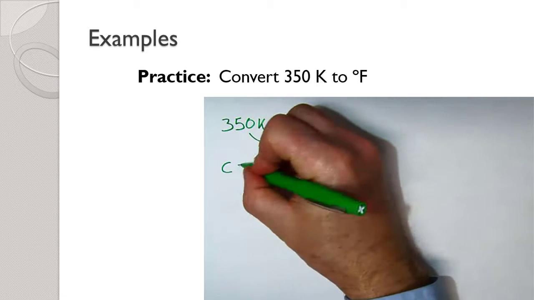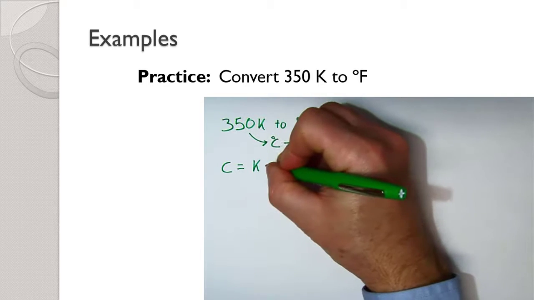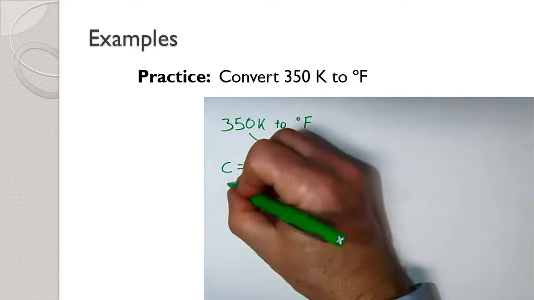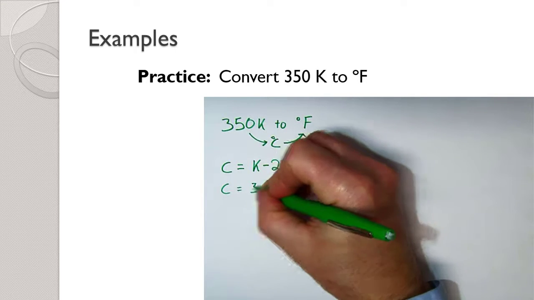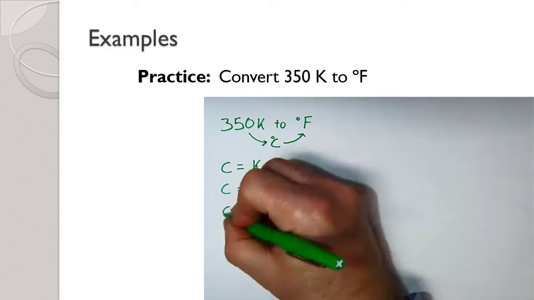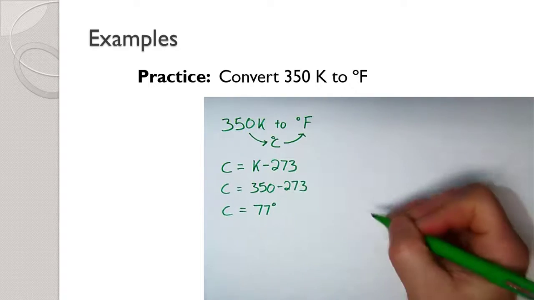So we saw earlier that degrees Celsius is found by taking the Kelvin temperature and subtracting 273. So our Celsius temperature will be 350 minus 273, and that means our Celsius temperature is 77 degrees.